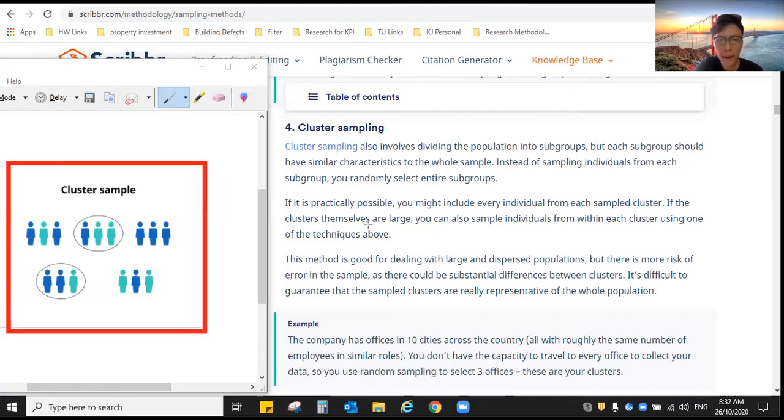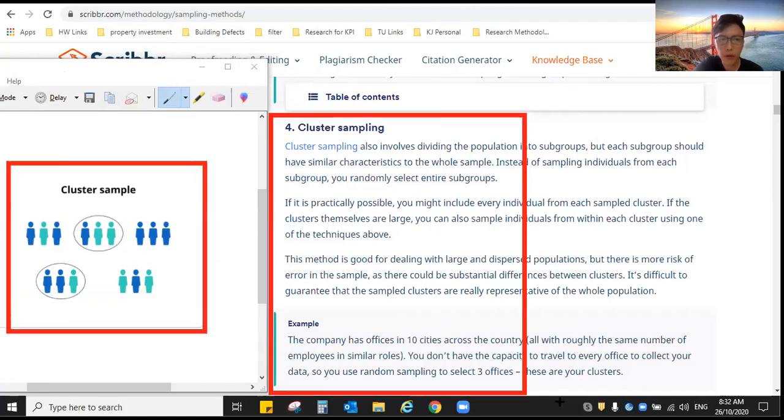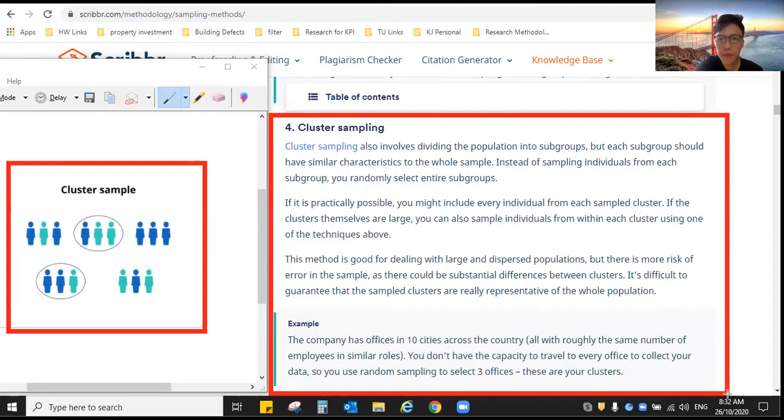A cluster sample is a sample where you involve dividing the population into subgroups. Each subgroup should have similar characteristics. So these are the terms: divide the population into subgroups, and each subgroup should have similar characteristics to the whole sample.